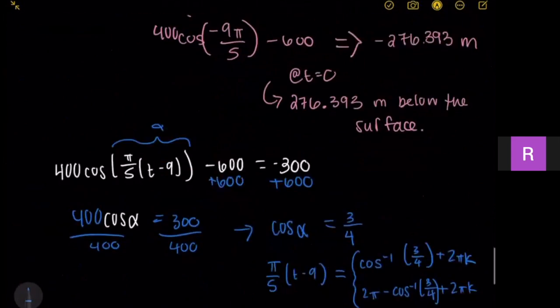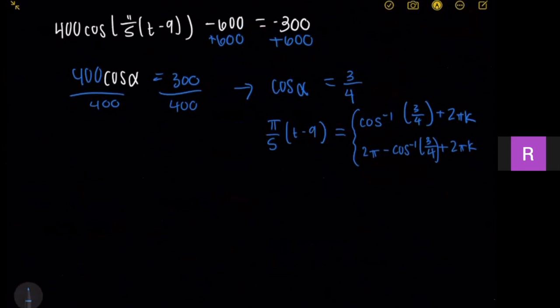So we go down here, we're going to do the same thing that we did in problem 1, and we're going to solve. So we're going to have that k is equal to 0 and k is equal to -1. And I won't go as in depth in this as I did earlier, but when k is equal to 0, t is going to be equal to 10.150 and 17.849.